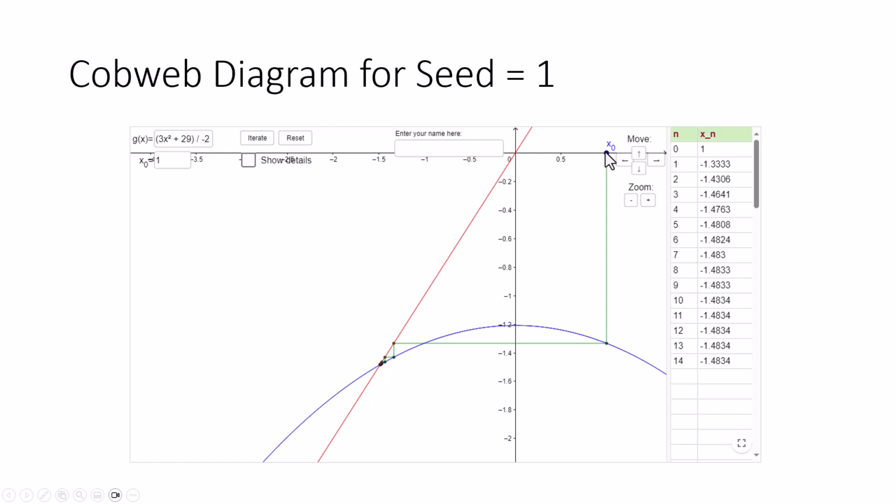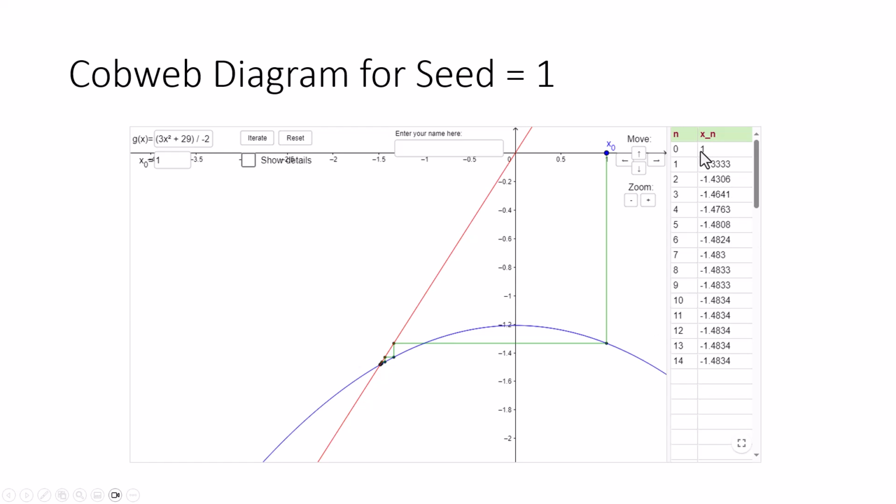We take that initial guess and draw a straight line down to where the curve is, and then we move directly over to where the line y equals x is. We move down to the curve, then over to the line, then to the curve, and then over to the line and to the curve.